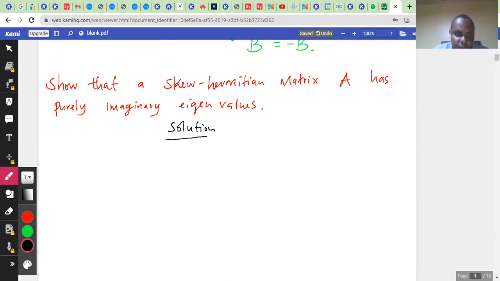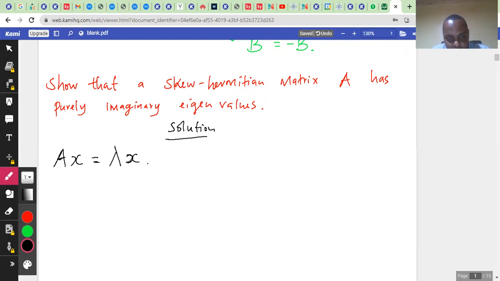So if you take A multiplied by some vector X inside your space, you're going to get the eigenvalue multiplied by the same vector. So the eigenvalue is like a scalar representation of your matrix.